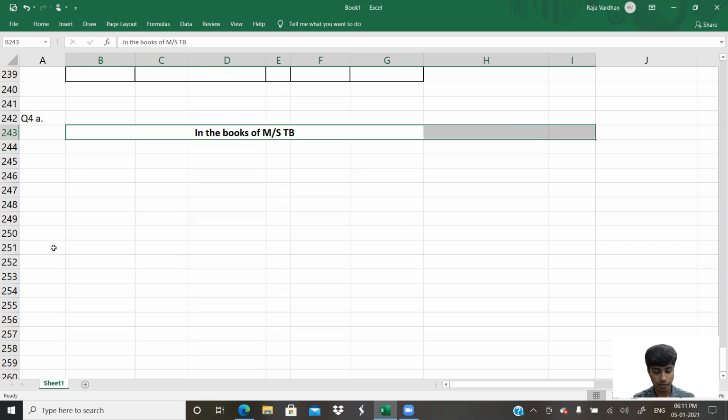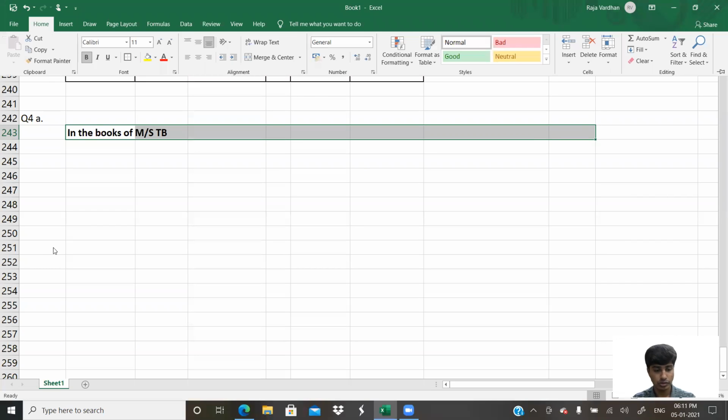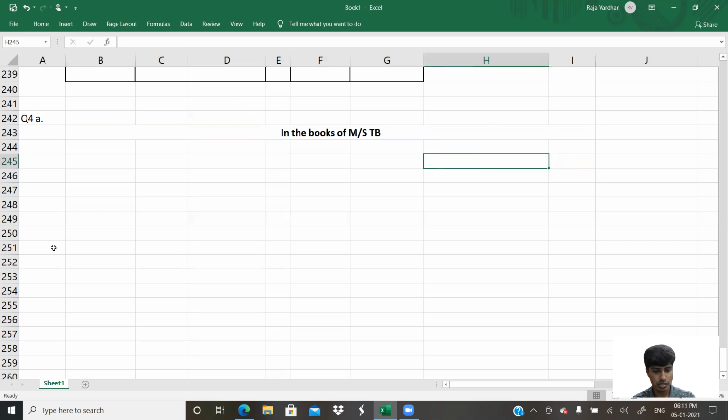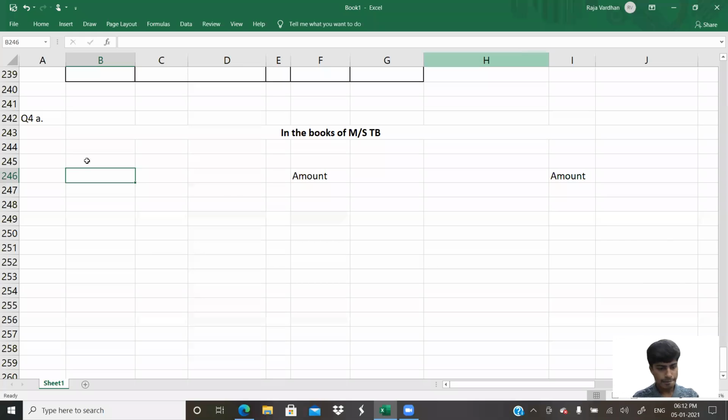Let's make it a little bigger. Yes. So this will be my particulars. Okay, I'll first put the heading revaluation account. Particulars. Amount column. And let this be my particulars. Here I'll put amount. How many columns here? Particulars.